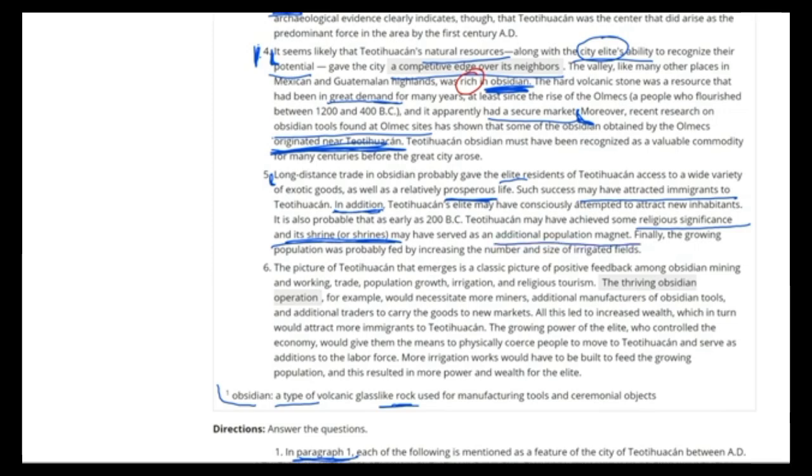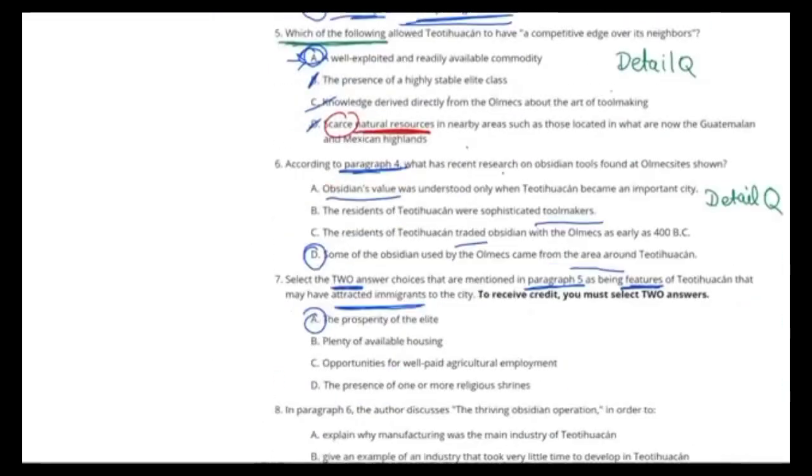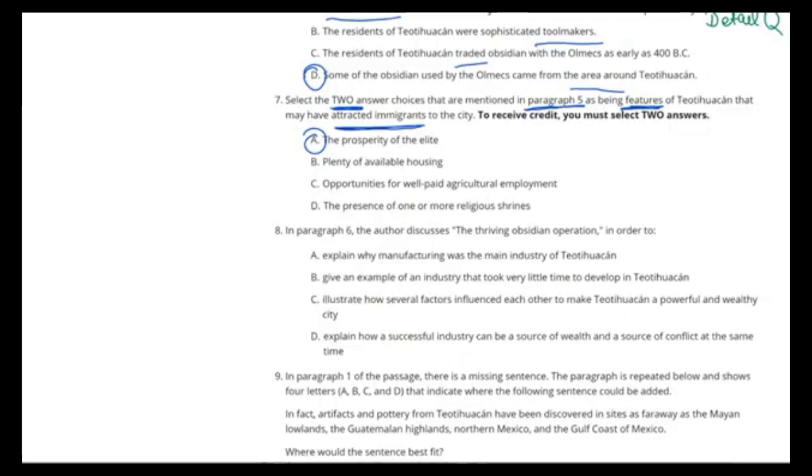The shrine or shrines are mentioned here, which may have attracted immigrants as well, so we can choose that one too. Here we are. The presence of 1 or more religious shrines. Remember in the passage they talked about a shrine or shrines, so that's correct.